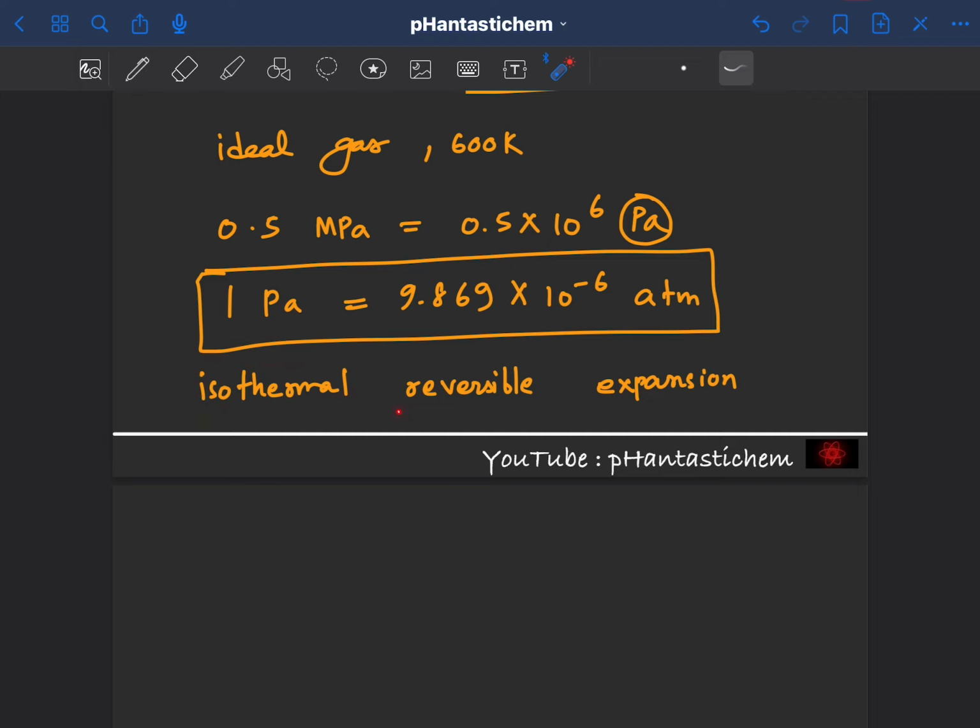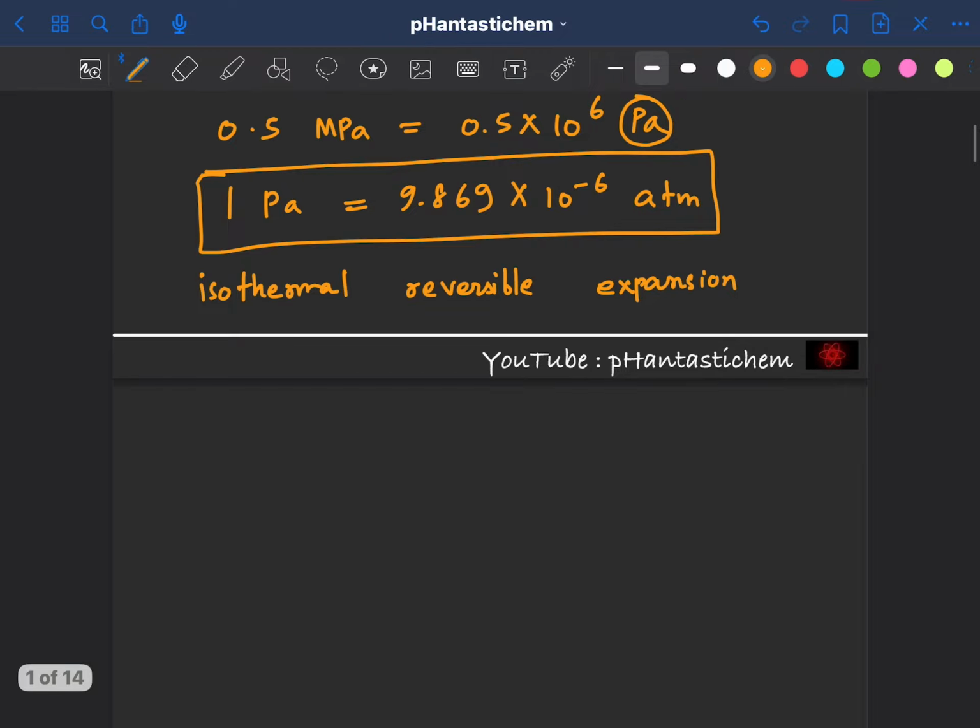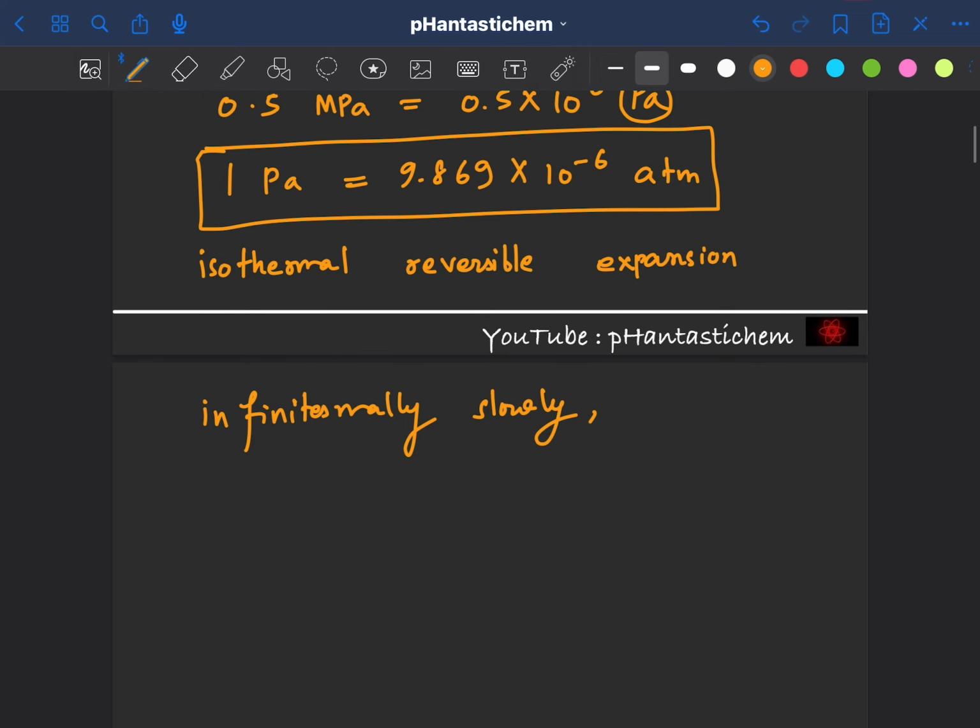Then they have said that it is reversible. The meaning of reversible is that the process is carried out infinitesimally slowly, so that all the changes in the process can be exactly reversed.